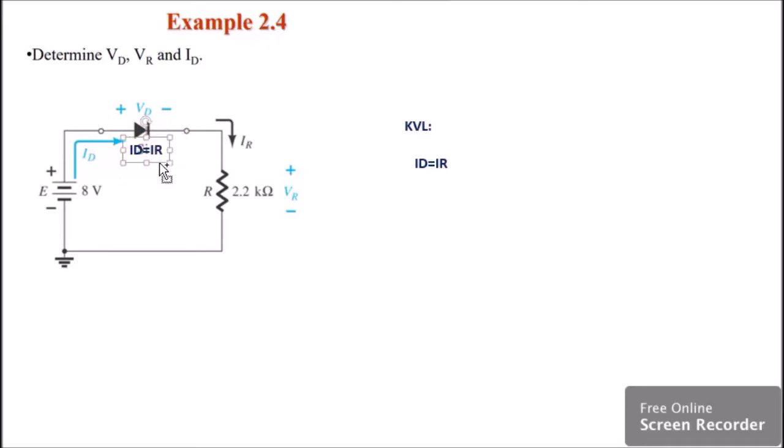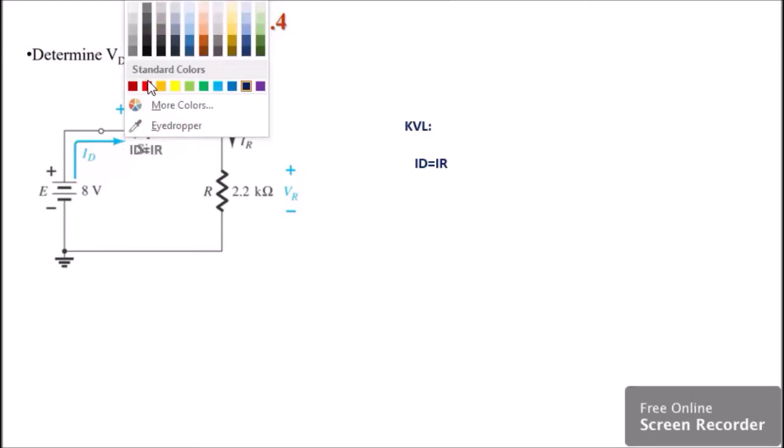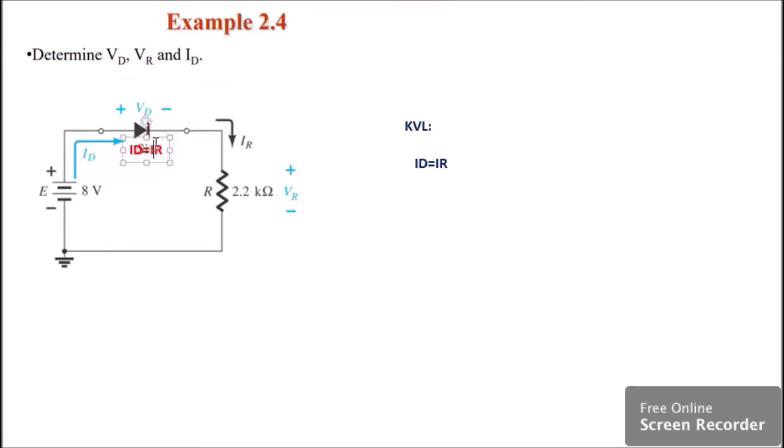Since silicon diode, meron siyang 0.7 volts. Papalitan lang natin siya, kasi as if meron lang tayong battery dito, which is 0.7 volts. So, meron na tayong closed circuit na as if meron tayong dalawang supply, pero basically, this is just a diode.